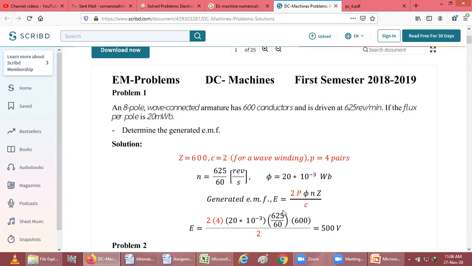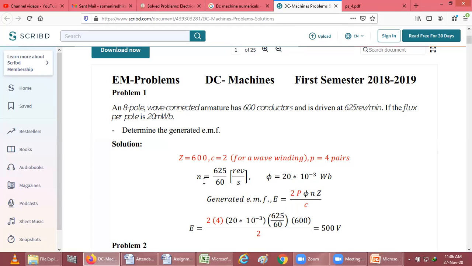So you can write directly E equal to PφNZ upon 60A, or you can directly convert capital N to small n. If you are converting, there is no need to write 60 in the denominator.